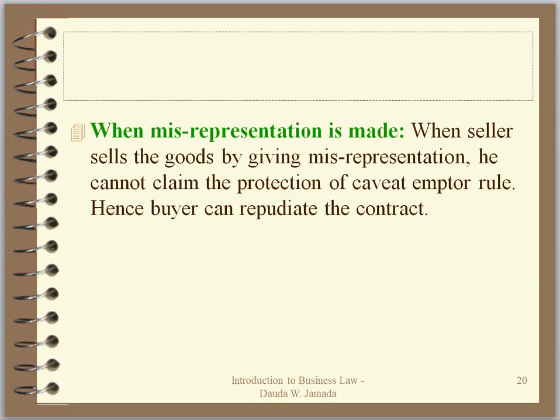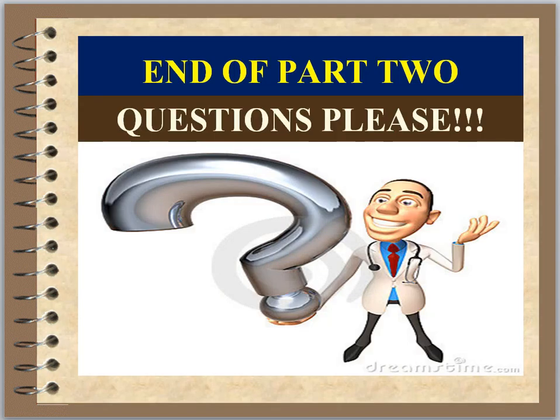So this brings us to the end of part 2. In part 2 we discussed the contract of sale. And under the contract of sale, we have said that there are 2 types of contract of sale. That is sale, which is an executed contract of sale, and agreement to sell.